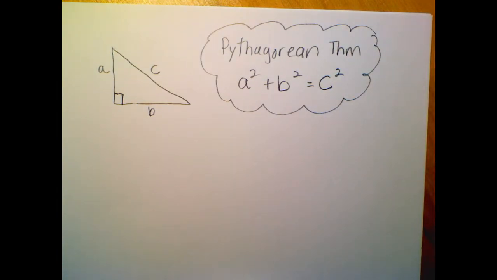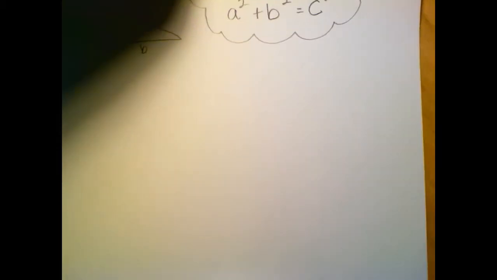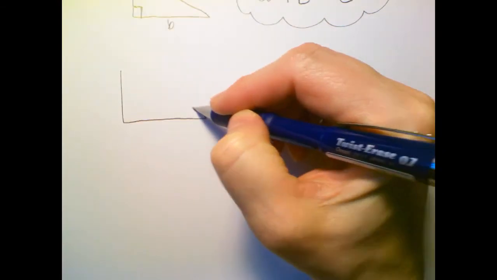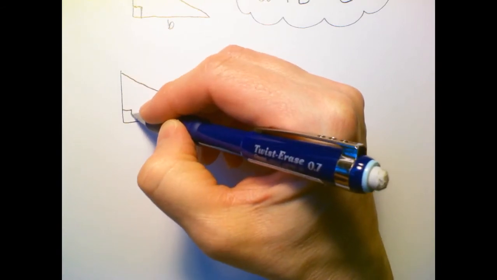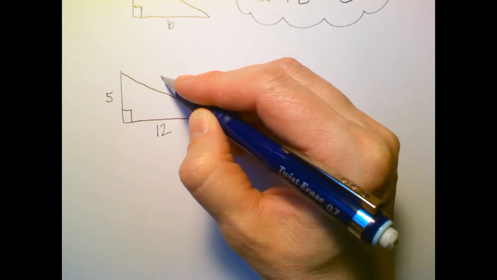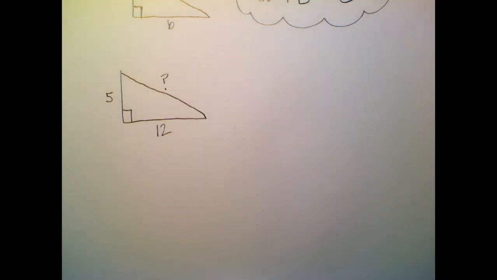Okay, so let's go ahead and work that problem that was on the smartboard. I'm going to scooch this down. Let's see, I don't have that sitting right in front of me, but I believe it was 5, 12, and question mark.